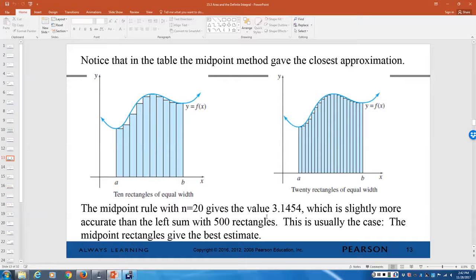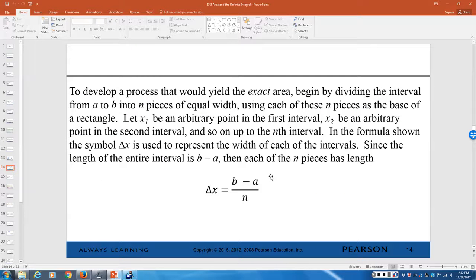So rather than dwell upon that, in order to get a process that's going to yield the exact area, what we're going to do is take B minus A, which is the distance between the 2 limits, the sides of the area, and divide it by some number n, and each one of those B minus A over n's is going to be one little incremental change in x.